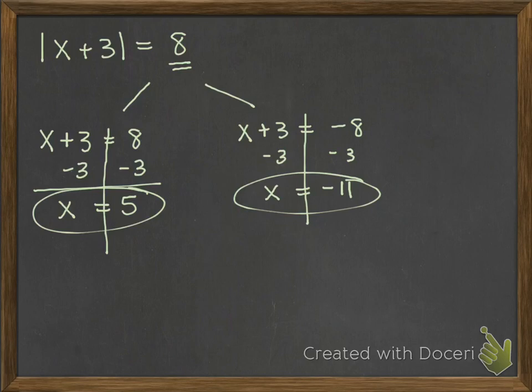Let's look at one final example before I set you off onto your practice problems. Let's take the absolute value of 2x, and we will set that equal to 10. We're trying to figure out what numbers could be 10 units away from 0, and we have the option of a positive 10 and a negative 10.